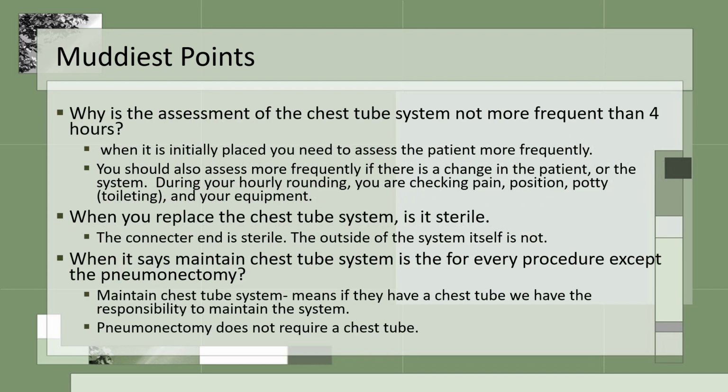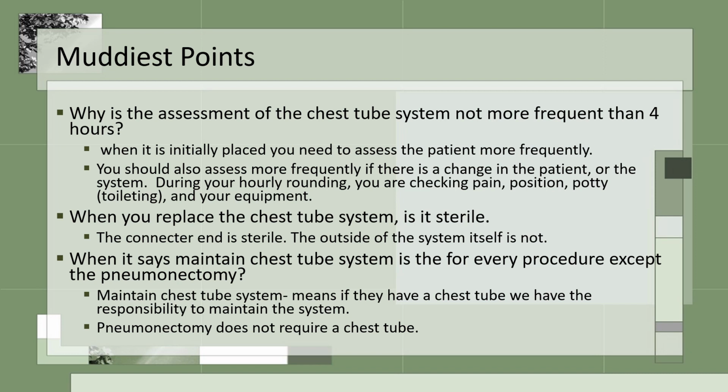Why is the assessment of the chest tube system not more frequent than 4 hours? Well, when it's initially placed, you need to assess the patient more frequently. So you might be in there definitely while it's happening, and then for several hours after that, you're going to be checking on them more frequently. But you've got to remember, we're going to always assess more frequently if there's a change in the patient or the system.